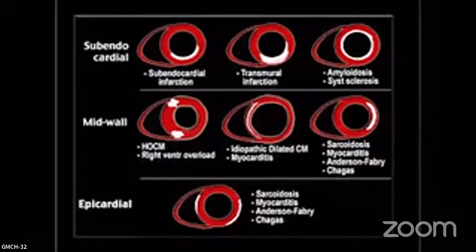We look at the site of scar or late gadolinium enhancement, subendocardial or transmural being suggestive of coronary disease. Mid-wall and subepicardial likely due to non-coronary causes, with diseases like sarcoid presenting more with a heterogeneous pattern of scar. Amyloid generally has altered gadolinium kinetics.